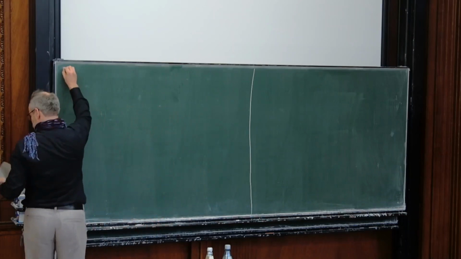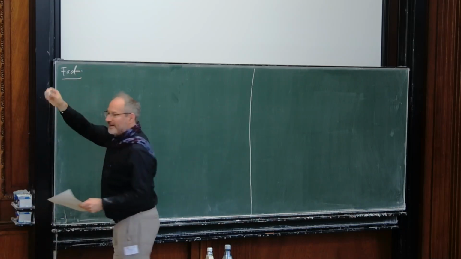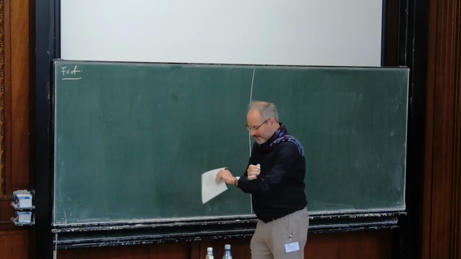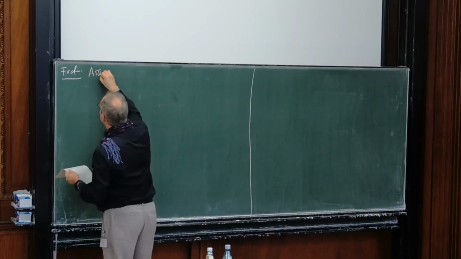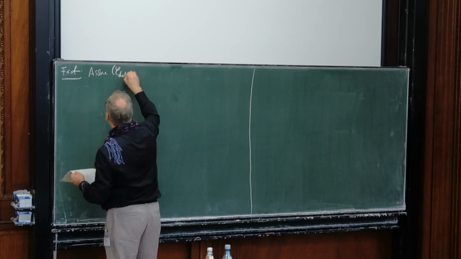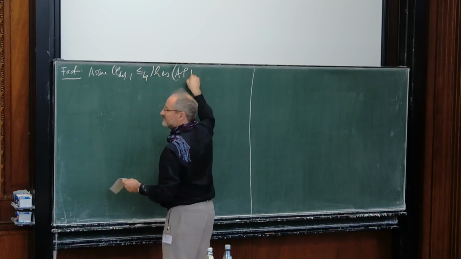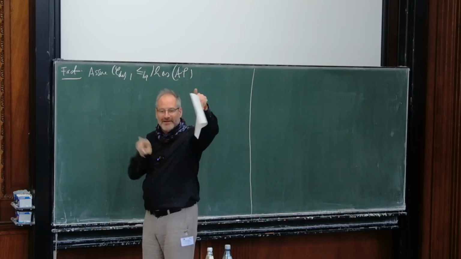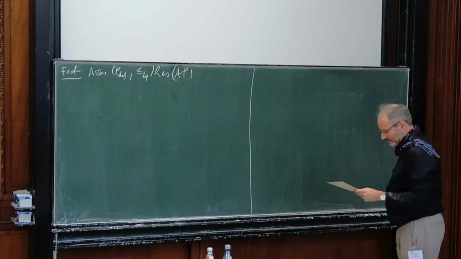Now, a fact. This is somehow the general fact why the machinery works. Assume this category has the amalgamation property. That means when you have a little one, the left and the right, then you can combine them into a third one.